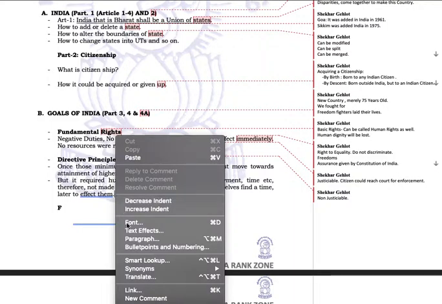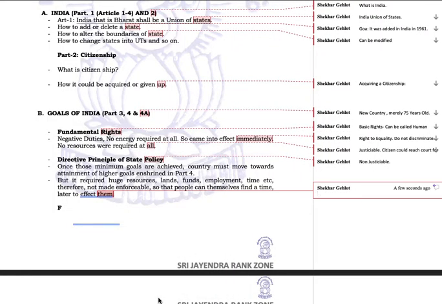Now a new article has been added to the Constitution of India, that is Article 21A, which is the right to education. It gives the right to education to all students till the age of 14, compulsorily, free of cost, and the state is duty bound to provide these rights to the students.